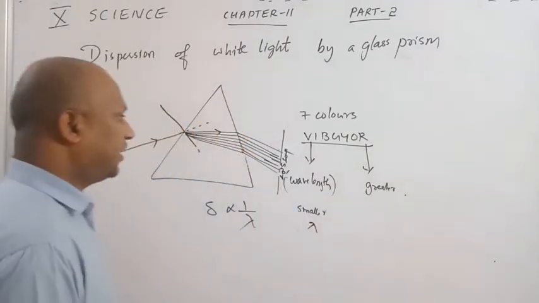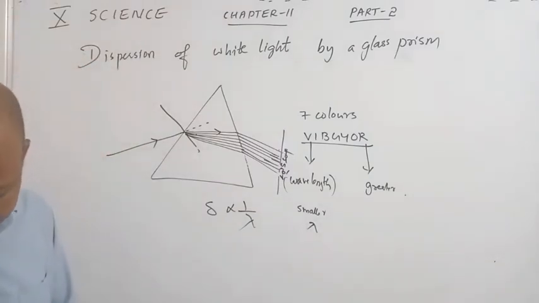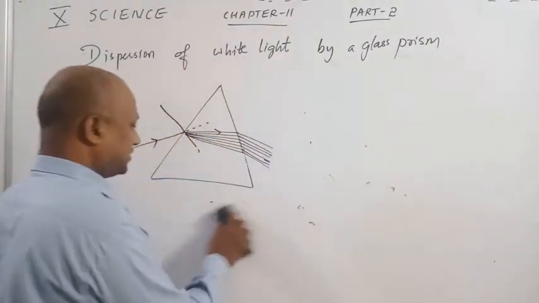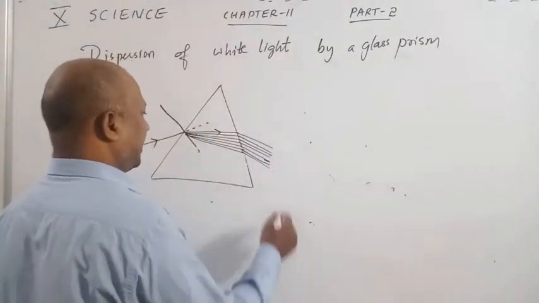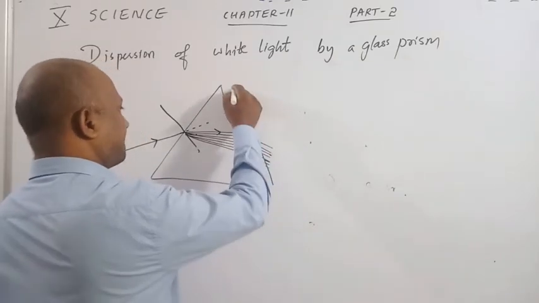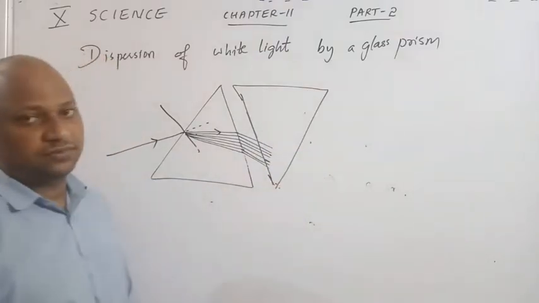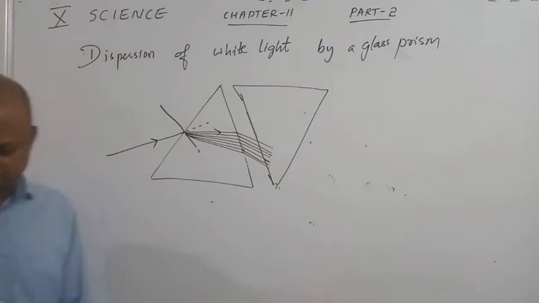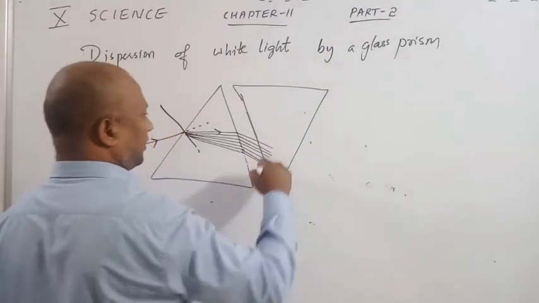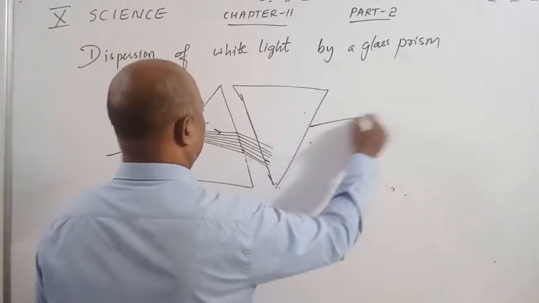But when he experimented with one more prism, which is just upside down like this, then what he observed was, this ray again refracted back to give a white light.